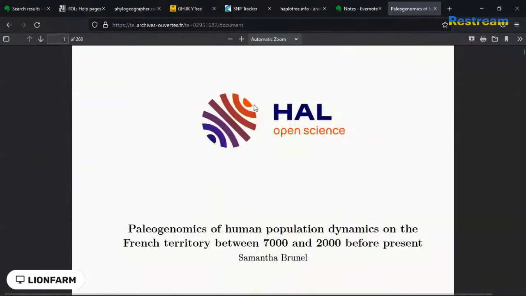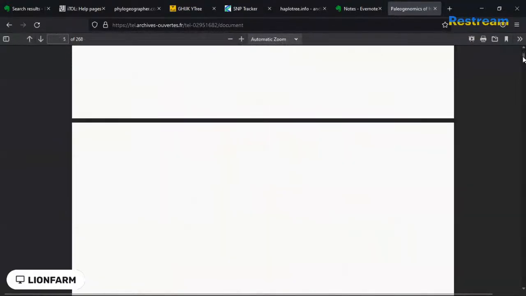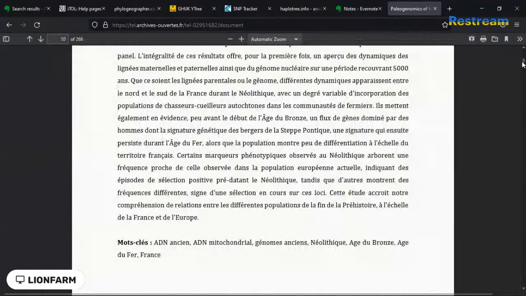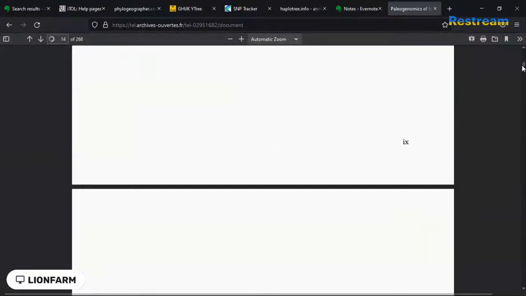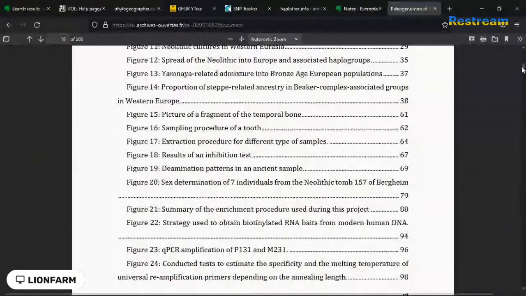You can see right here, human population demographic dynamics of the French territory between 7,000 and 2,000 before present. That most likely means they're looking at actual fossils, right? So on the paper, we can see that, yep, they're looking at individual Neolithic tombs. They're looking at fossils here.